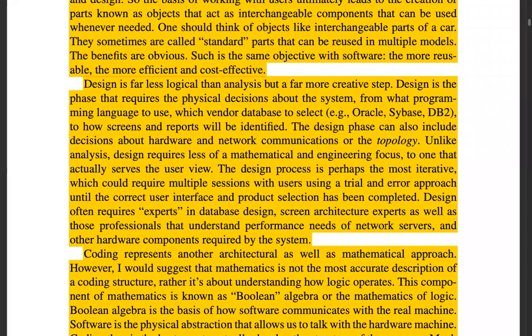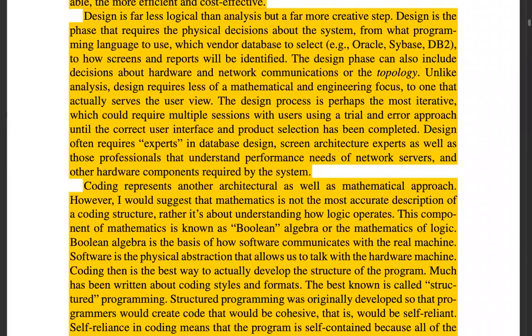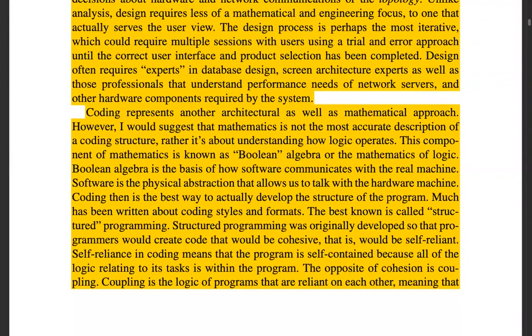Then the next phase is the coding. Coding is very straightforward. It represents another architecture as well as a mathematical approach. But you can say architecture more, because it transforms what has been designed in the design phase.